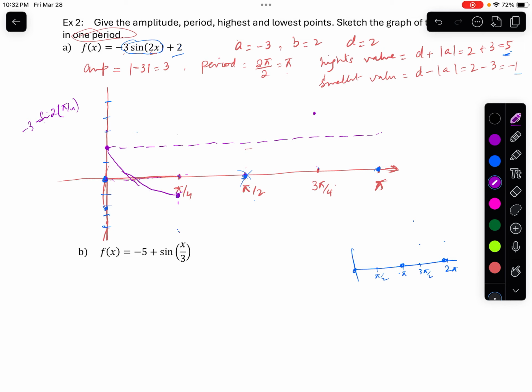Note here this is going to be 0 over here, -1, -5 over here.